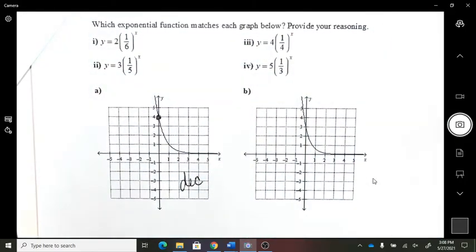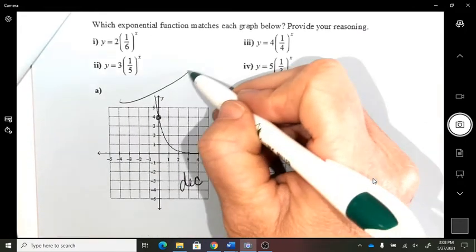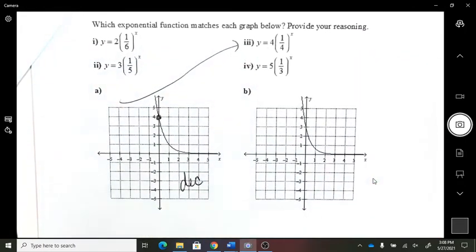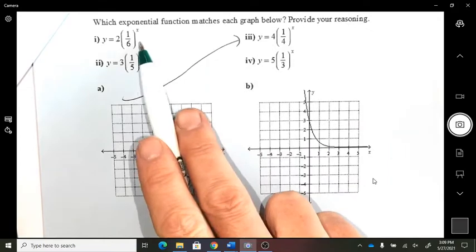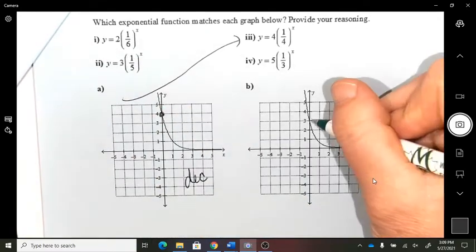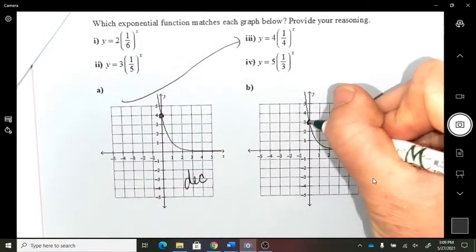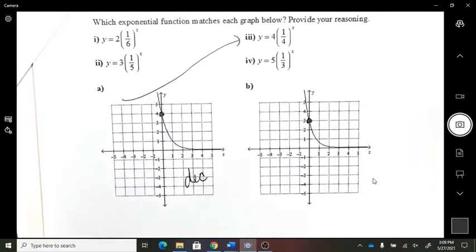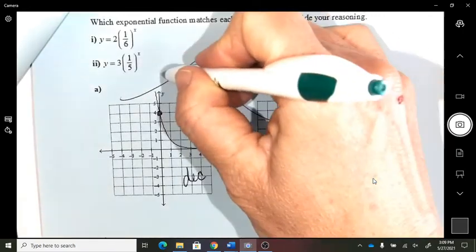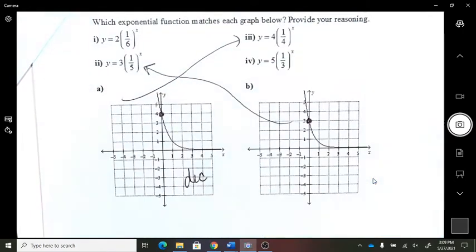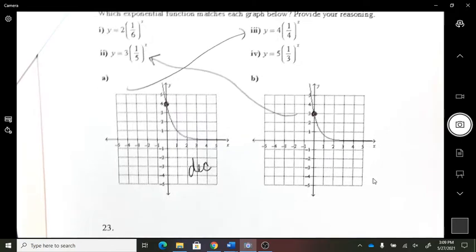So what does that tell me now? It's 3. So this is decreasing, so your base has to be less than 1, which they all are, but you need to make sure it's getting a y-intercept of 3.